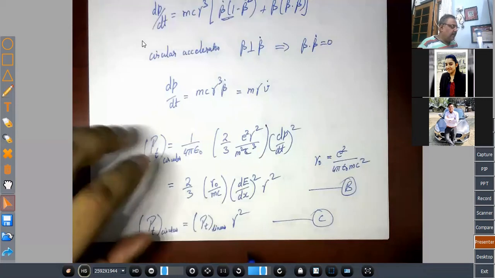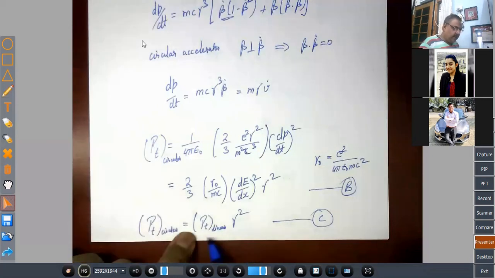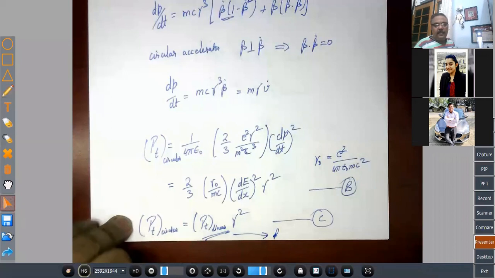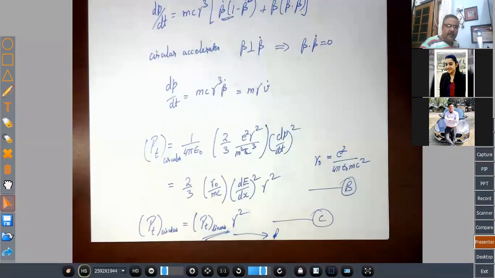These linear accelerators are being preferred for particle acceleration. And the most recent ones are the plasma based linear accelerators, which have high power output and are compact in size.